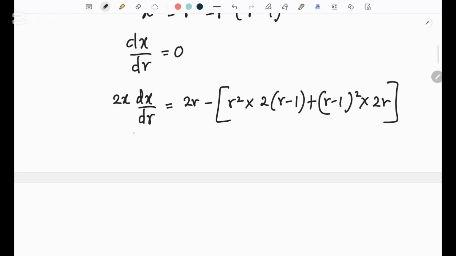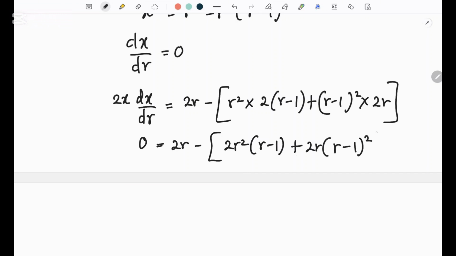Now dx over dr equals 0, so the left side just becomes 0 straight away. Then 2r minus 2r squared into (r minus 1) plus 2r into (r minus 1) squared.